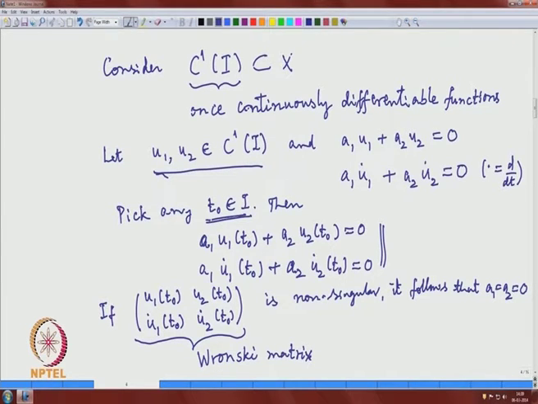Okay. And its determinant is called the Wronskian. So, we will introduce some notation, the Wronskian of U1 and U2 at T0. So, let me just again write that.